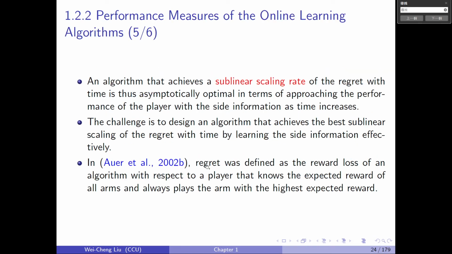Regret was defined as the reward loss of an algorithm with respect to a player that knows the expected reward of all arms and always plays the arm with the highest expected reward.